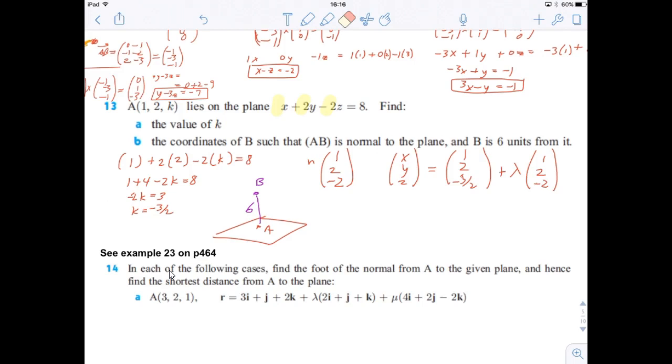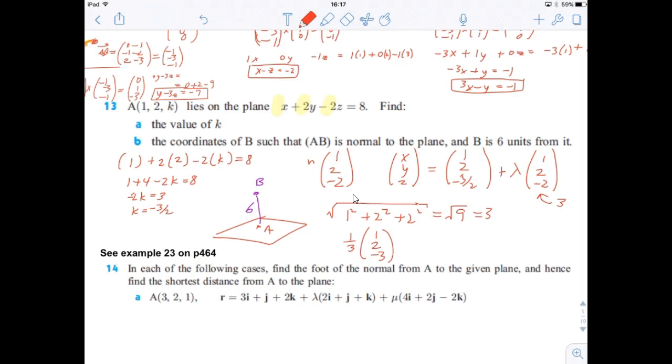Okay? So let's take (1, 2, negative 2), and we'll find out how long it is. It turns out that it is square root of 9, which is 3. So now we know that this vector is 3 long. If we divide it by 3, then it becomes a unit vector, right? And actually we want it to be 6 long.